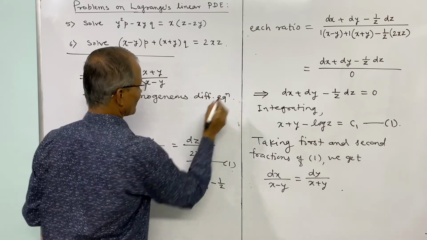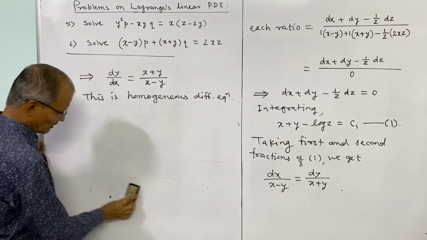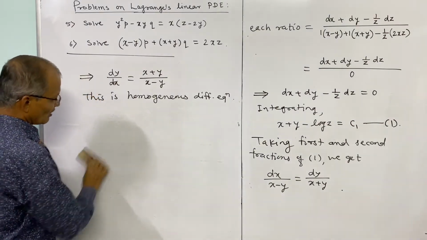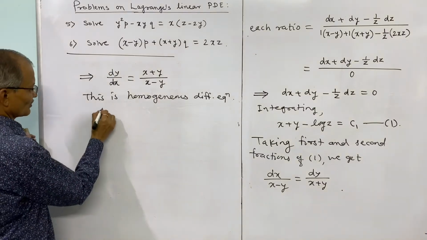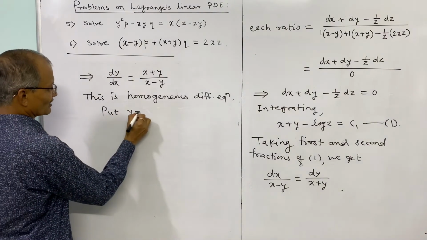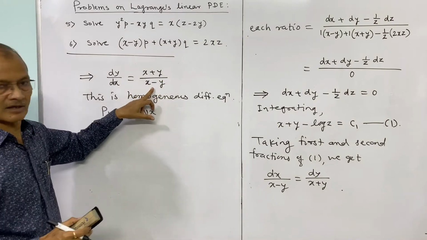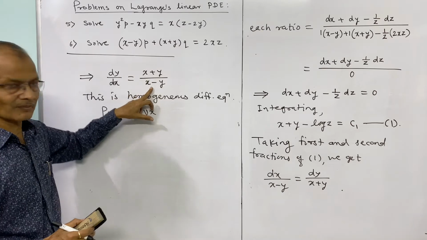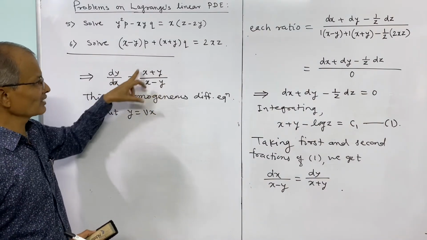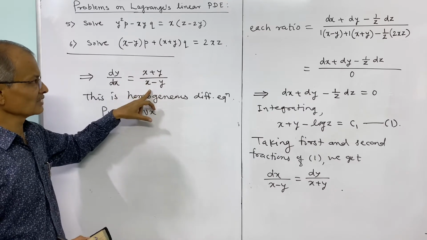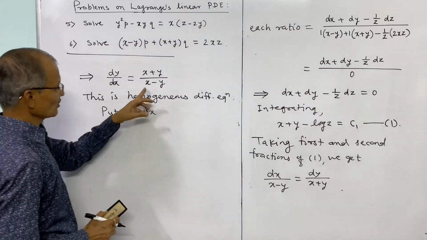We know the method for a solution of a homogeneous differential equation is to put y equal to vx. Why is it homogeneous? The right side is a function of x and y, another function of x and y, and they must have the same degree. The numerator is of first degree, the denominator is of first degree. The degree of each term is the same, and therefore it is homogeneous.